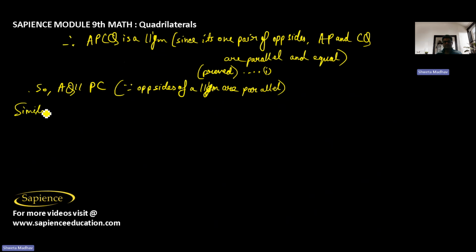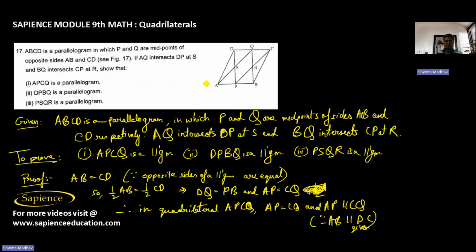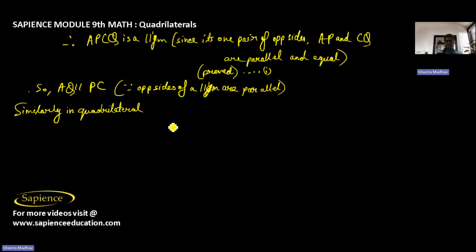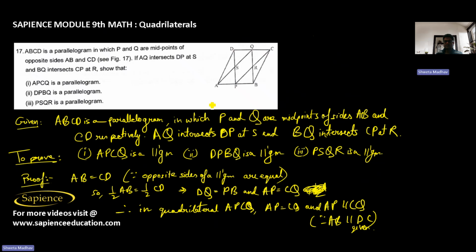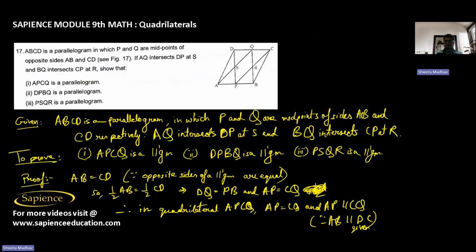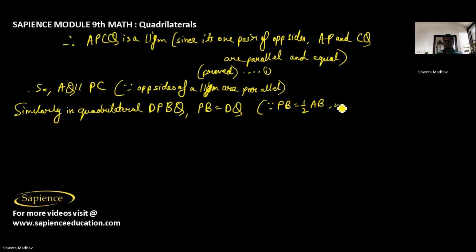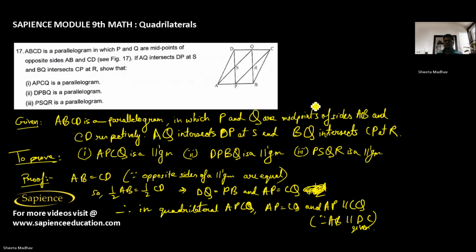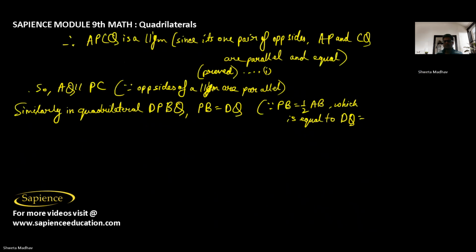Similarly, in quadrilateral DPDQ, ED equals DQ, since ED equals half of AP, which is equal to DQ, which is equal to half of DC.